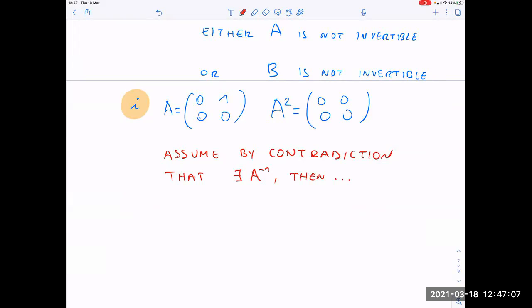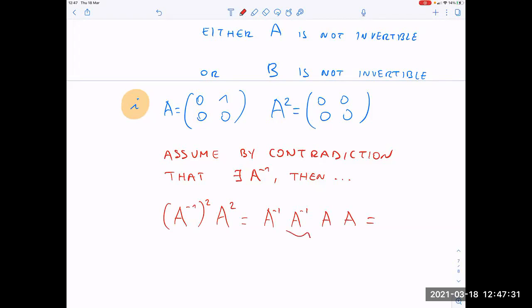So let me try this way. What happens if I multiply A minus 1 squared by A squared? Well, it means I do A minus 1 times A minus 1 times A times A. What do you get here?